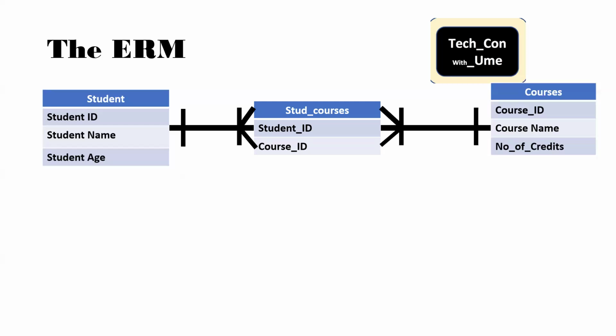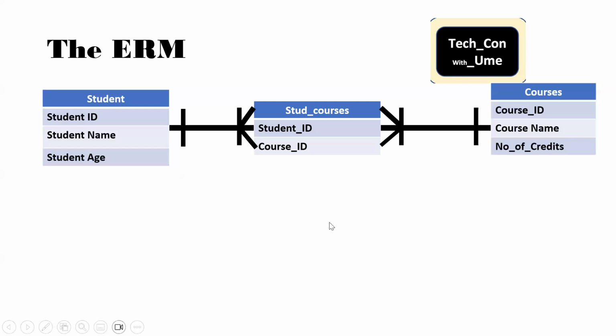So for our student table, our student ID will constitute the primary key. And for our courses table, the course ID will represent the primary key, as these values will be unique for each record entered into these tables.